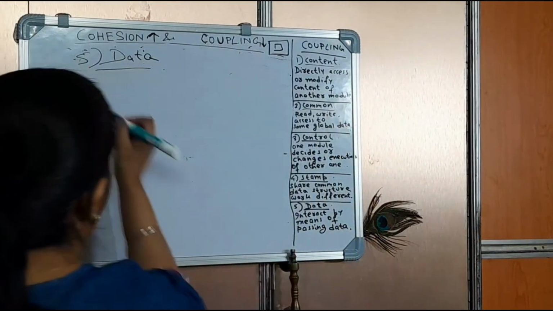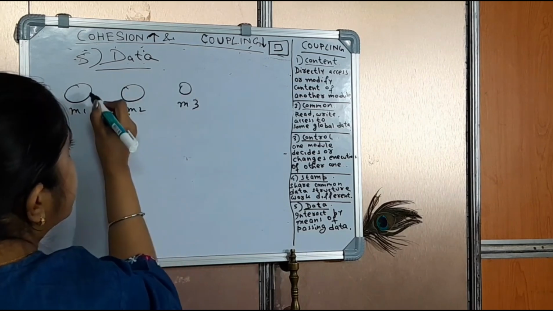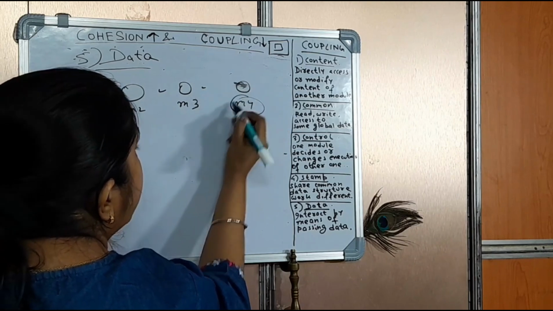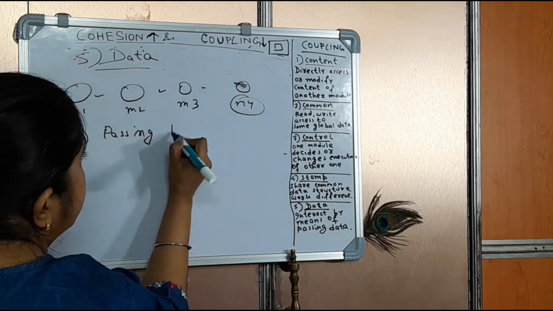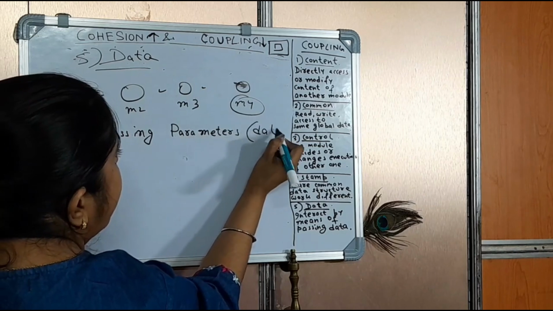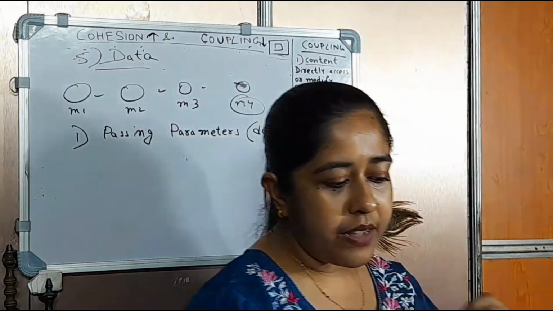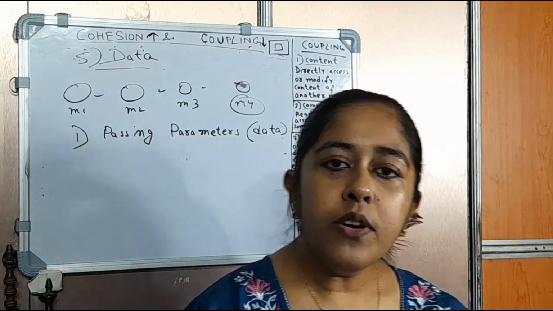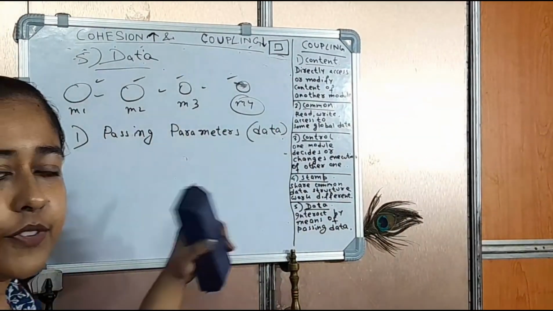Suppose M1, M2, M3: these modules interact with each other by passing parameters, which is called data coupling. They pass data parameters to each other, and by this, interconnection is built between the different modules.